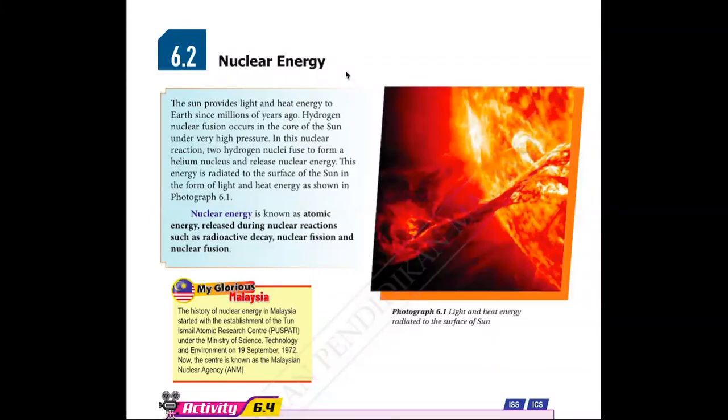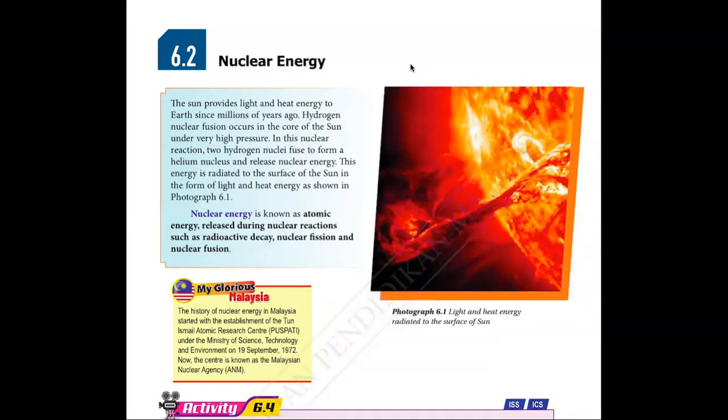All right. So, nuclear energy. You have learned the other types of energy before this, which are kinetic energy, potential energy, which consists of two types, gravitational potential energy and elastic potential energy.